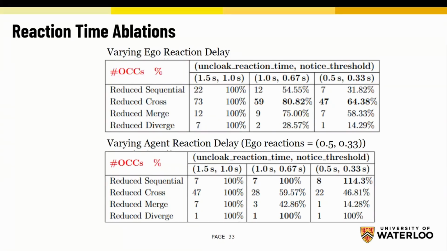In particular, we notice the sequential and diverge scenarios don't get culled at all here. The reason for that is that the other vehicle in this scenario is ahead and it's stopped. It doesn't have a whole lot of agency, except maybe being able to accelerate a touch faster, and whether or not it gets rear-ended. And so those scenarios don't experience any kind of degradation whatsoever. But cross and merge scenarios do.